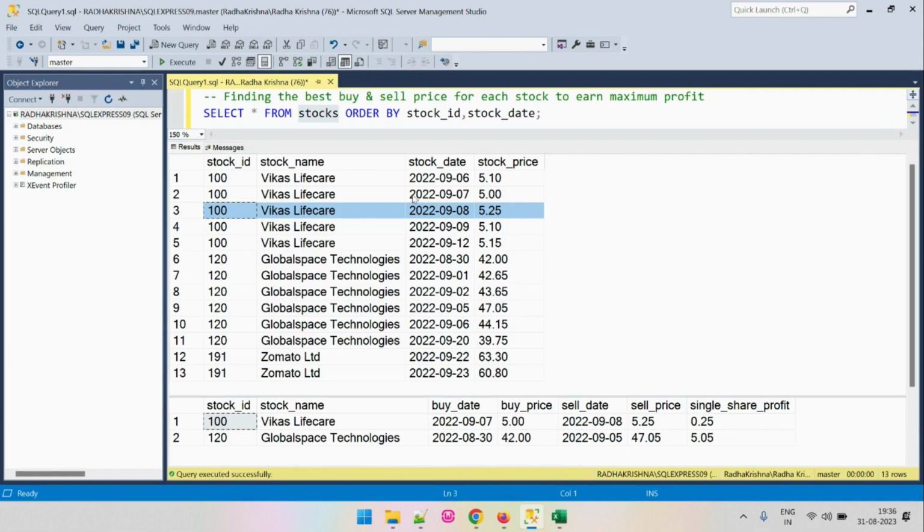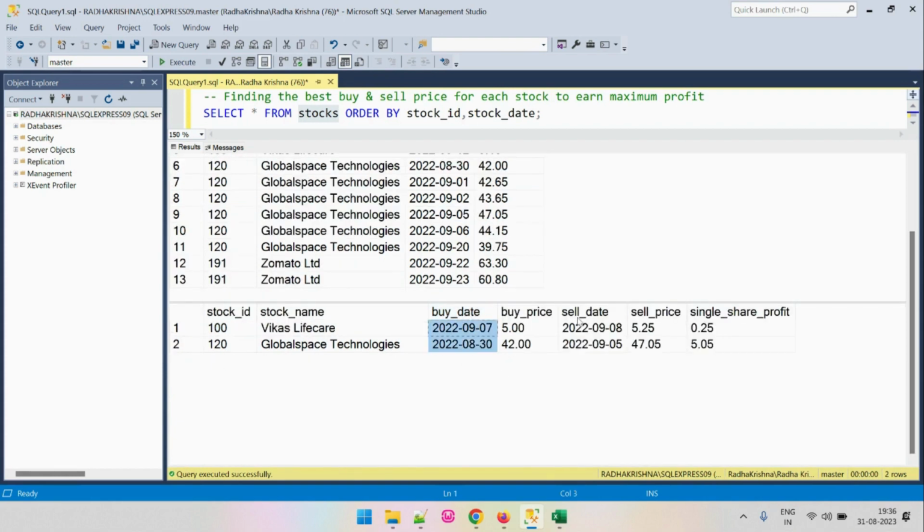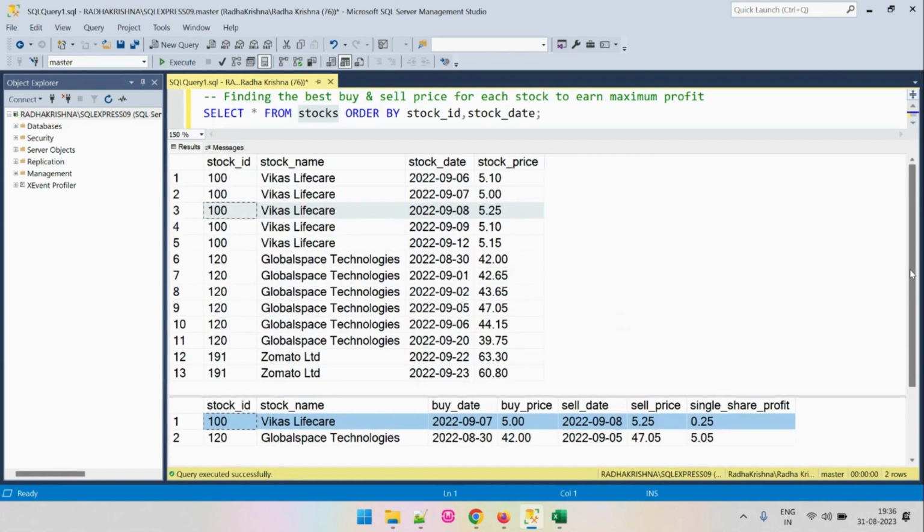As part of the output, for each stock we need to find out when we should purchase and when we should sell it such that we get the maximum profit. For example, let's take the first share, Vikas Lifecare. If we purchased it on 7th September at price 5 for a single share and sold it on 8th September at 5.25, we will get a profit of 0.25, that is 5.25 minus 5, on a single share.